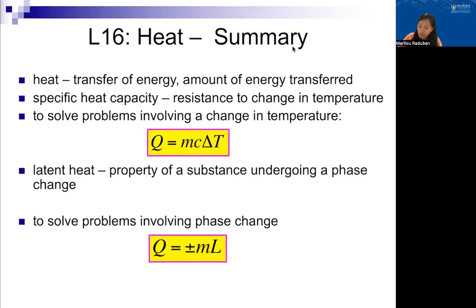Essentially, the first equation is for when you only have one phase existing, and therefore its temperature will change. The second equation you use during phase change, where you have two phases coexisting, for example liquid and solid at the same time during melting, or gas and liquid at the same time during boiling.